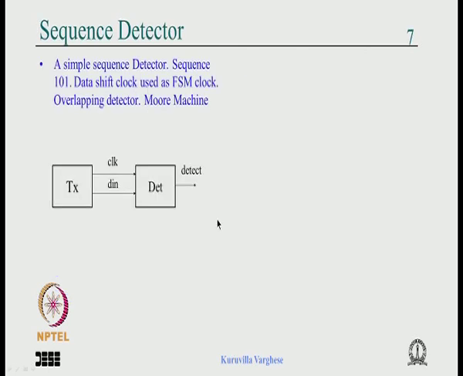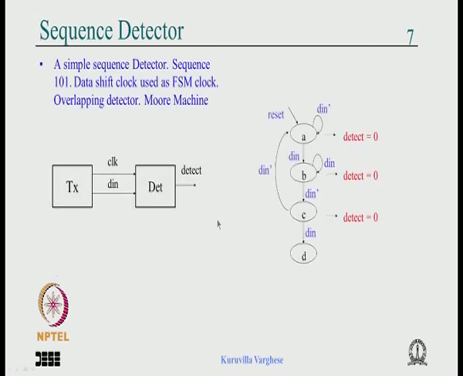And we have looked at the problem of a sequence detector mainly as an exercise, not as a serious kind of design. I don't think you need to use an FSM based sequence detection in communication. Okay. You can do much simpler schemes than this. We said it's an overlapping detector.